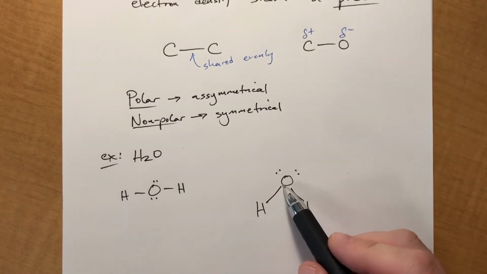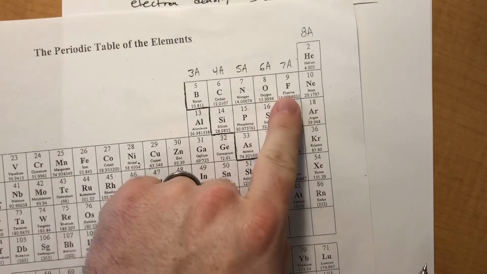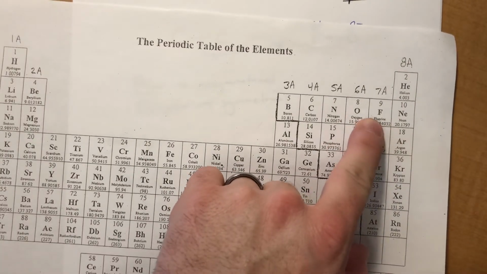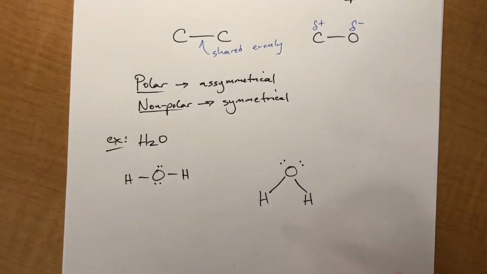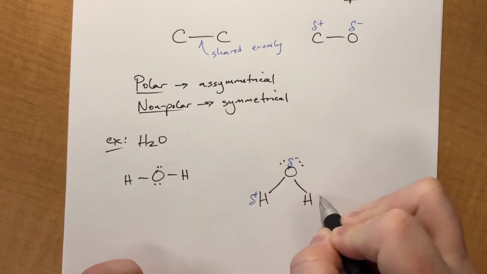Between hydrogen and oxygen, hydrogen is farther away from, let me dig up a periodic table here, fluorine, which is the most electronegative atom on the periodic table. Oxygen is right next to it, so it's very electronegative. Hydrogen is very positive, it's very far away. So what we would expect is that the oxygen will be fairly negative and this will be fairly positive.